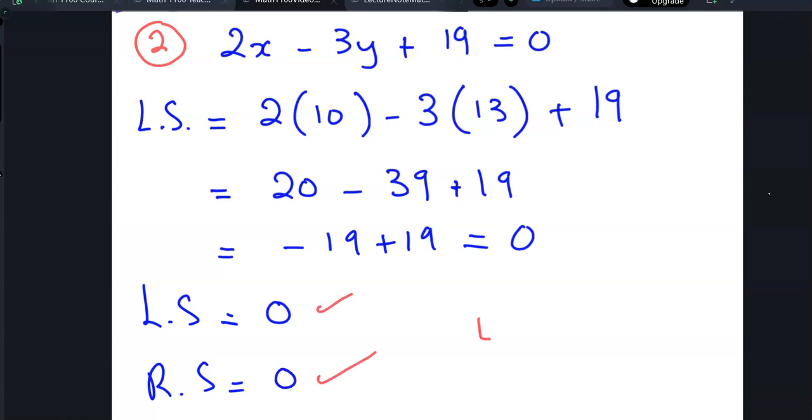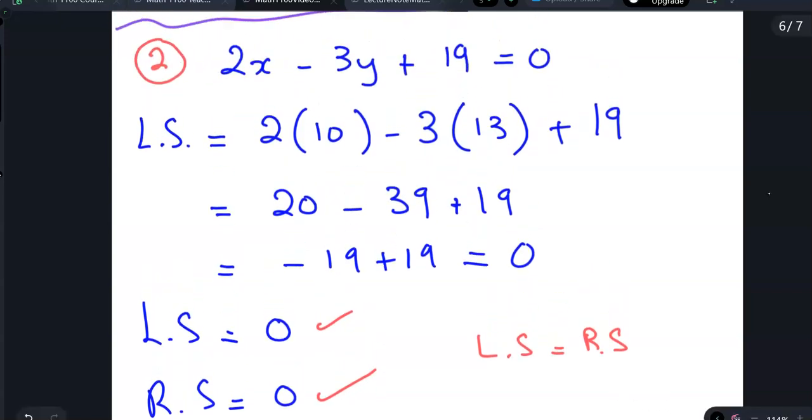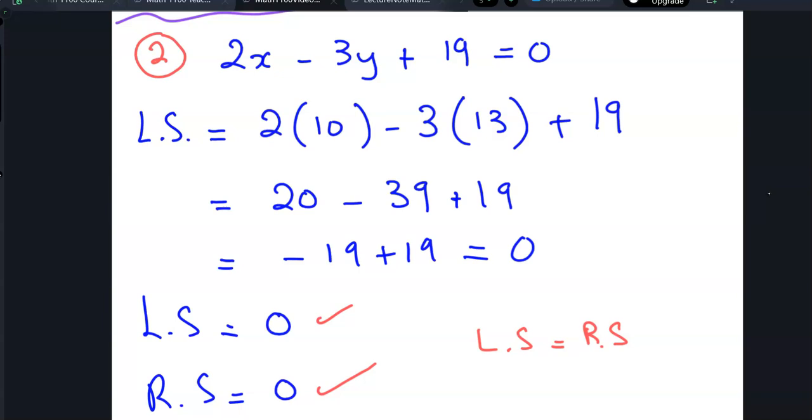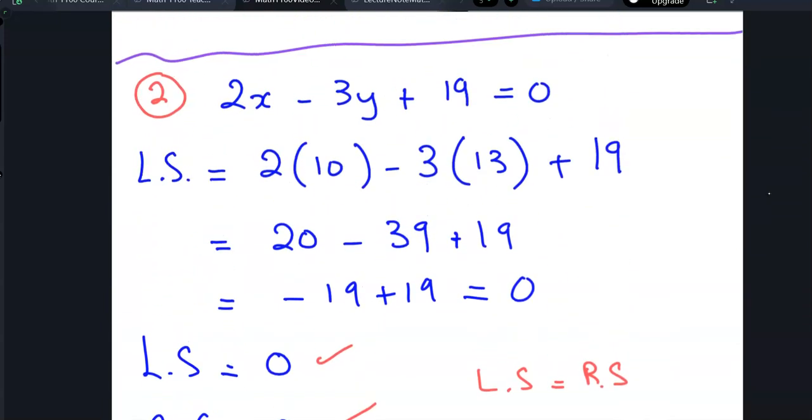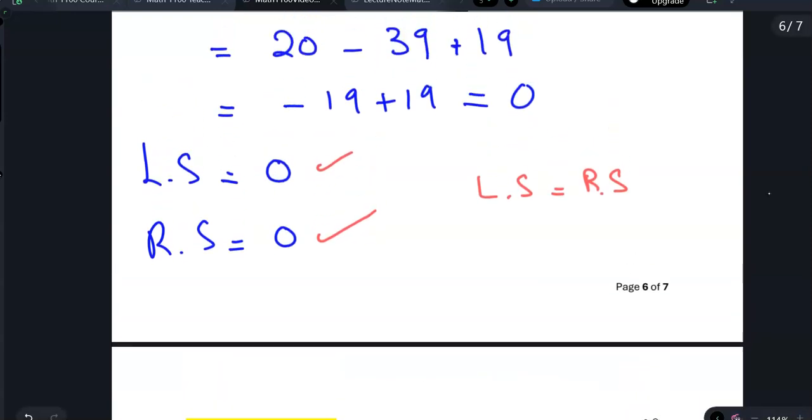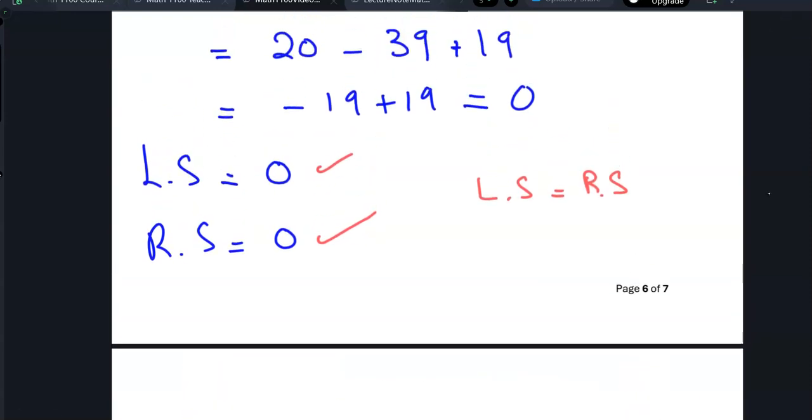So left side equal to right side, and this solution is true for equation number 2. So therefore, I can conclude that 10, 13, the ordered pair or the coordinates, is the solution for the system of equations with 2 unknowns.